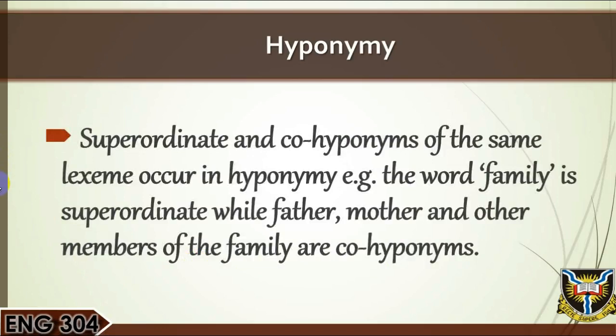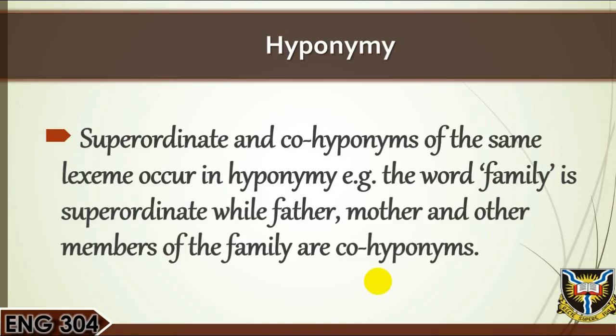This relationship is shown in words like family, vehicle, cat, etc. The superordinate term for a family, for example, is family. The co-hyponyms are father, mother, and children. For cat, the word cat is the superordinate term for co-hyponyms, which fall under domestic and white cats.